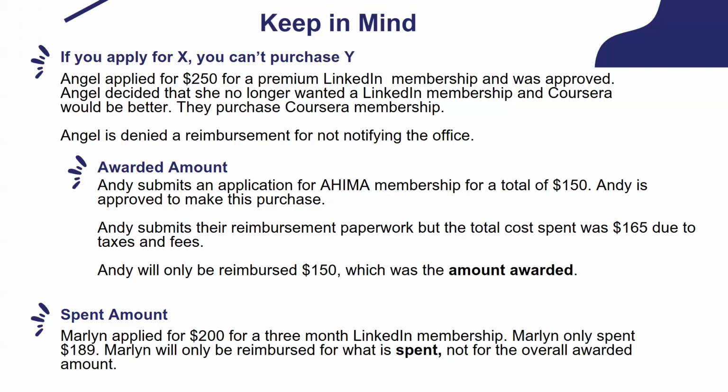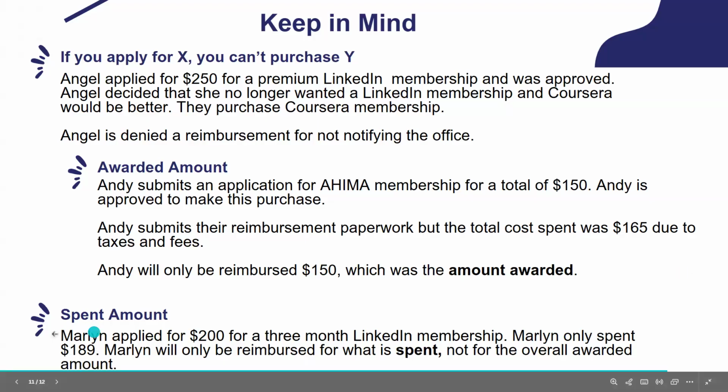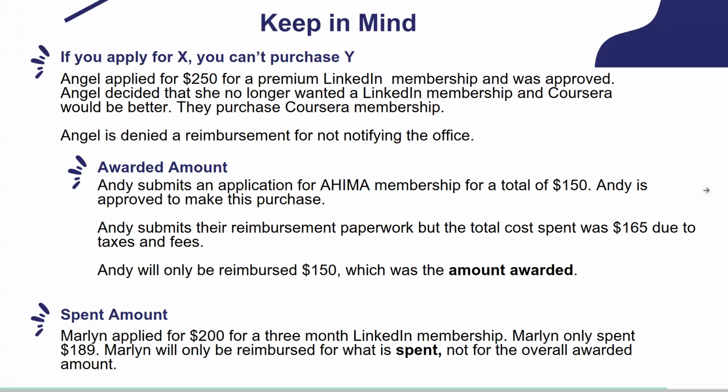The name has been changed, but they got a discount on the LinkedIn membership through a service. They applied for $200, but they got that discount and paid 189, so they were only reimbursed for the 189. So these are some small scenarios that you need to keep in mind when you apply and you get approved.